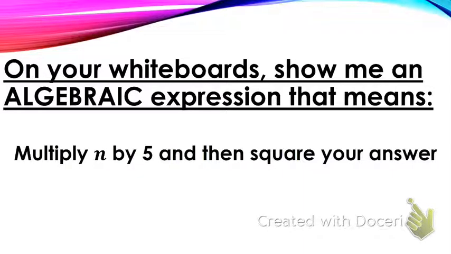Multiply n by 5, and then square your answer. Close. Yes. That's square rooting. Close.